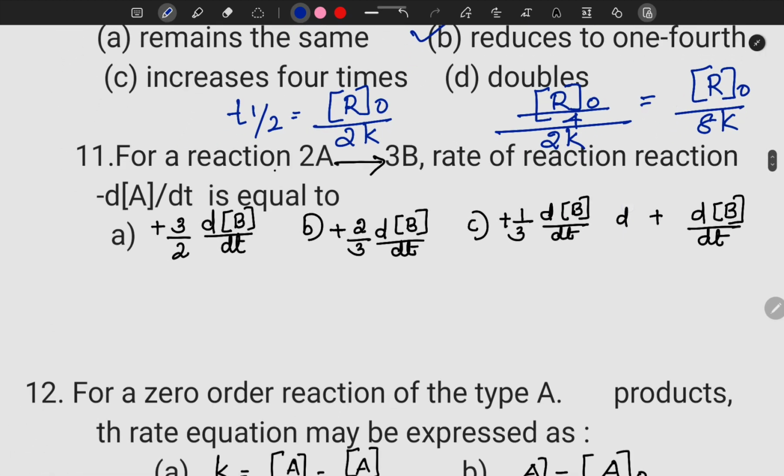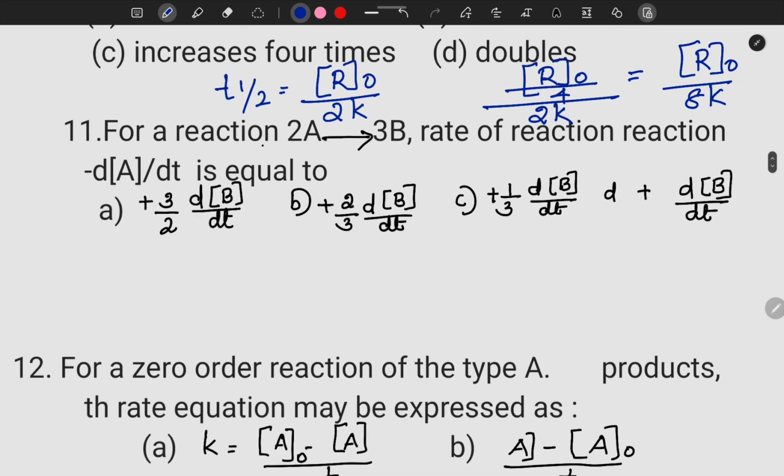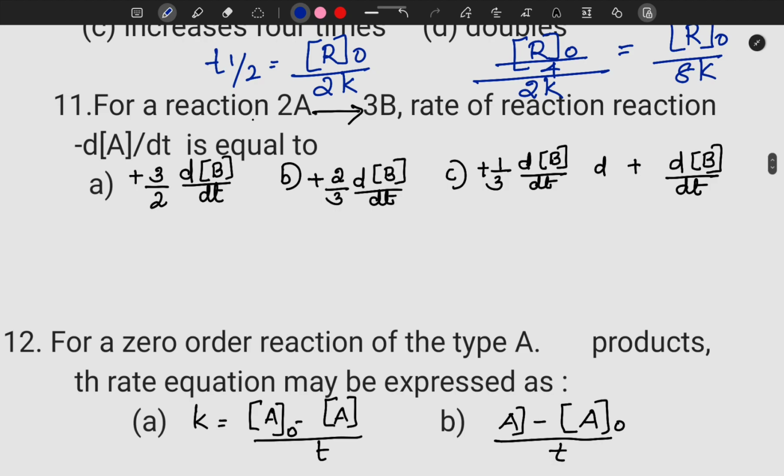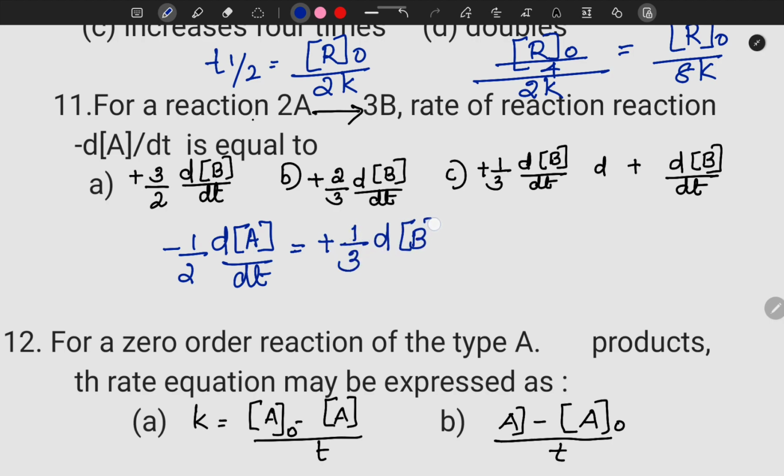For a reaction 2A gives 3B, the rate of the reaction minus dA by dt is equal to what? So 2A gives 3B, we can write minus 1 by 2 dA by dt is equal to plus 1 by 3 dB by dt.